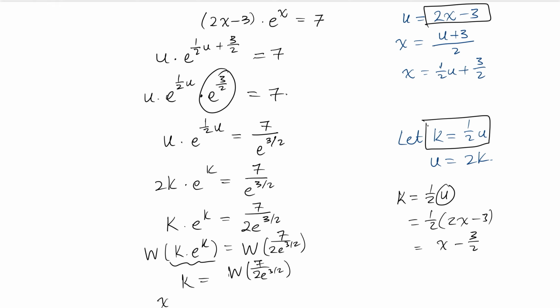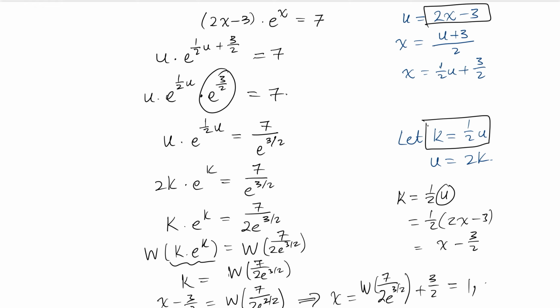So x minus 3 over 2 is going to equal W of 7 over 2e to the power 3 over 2. That means x is equal to W of 7 over 2e to the power 3 over 2 plus 3 over 2, which gives us an answer of 1.982186.